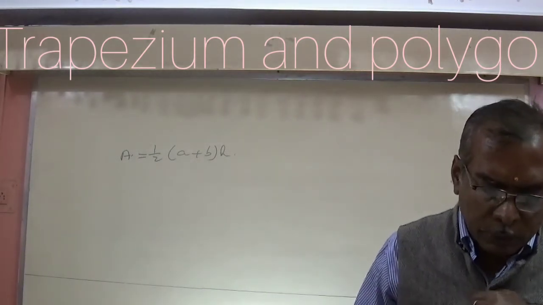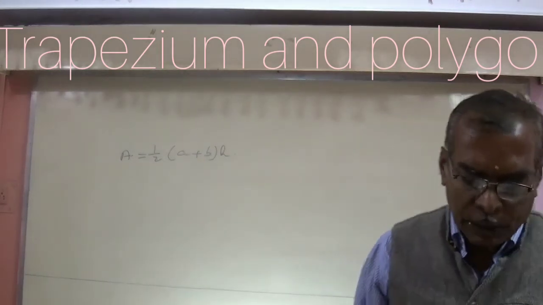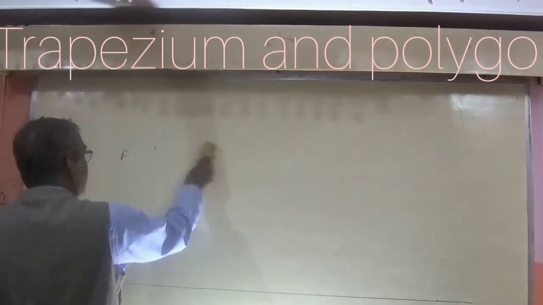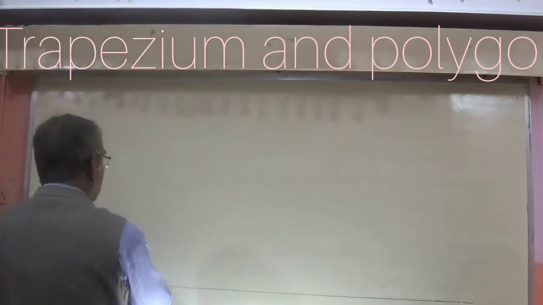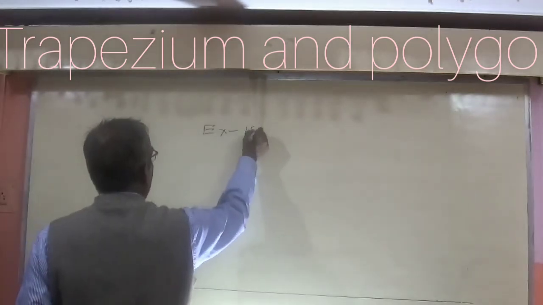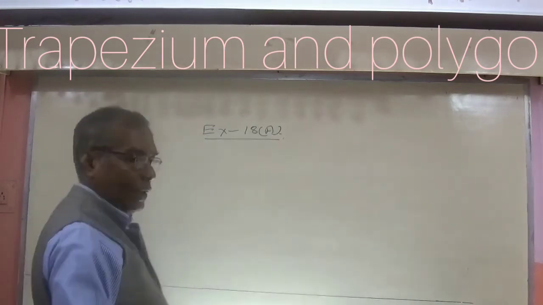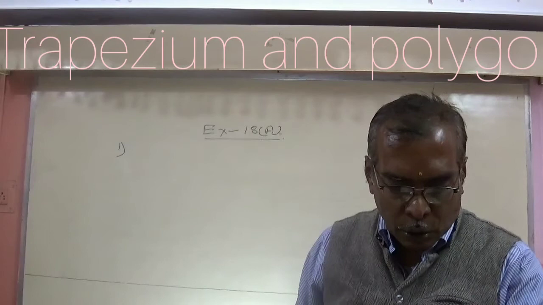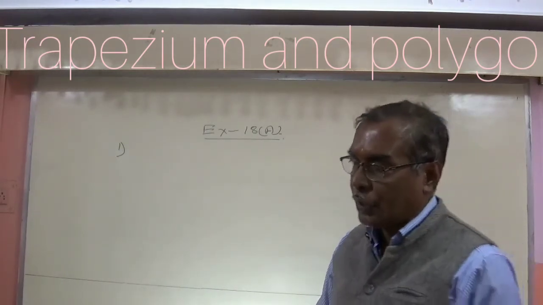Now, first of all, I am going to solve from exercise 18A. 2 exercises only are there. The question number 1, exercise 18A. The question is, find the area of a trapezium whose parallel sides are 24 and 20 centimeters and the distance between them is 15 centimeters.